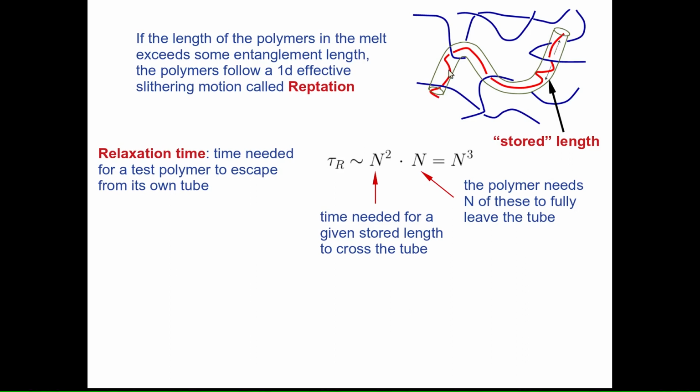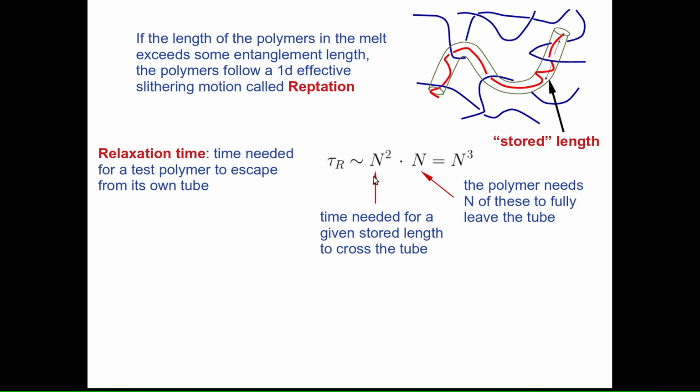Until the polymer is inside the tube, its conformation will always have this characteristic S shape. It's only when it goes out of the tube and enters a new tube somewhere else that the conformation in this new tube will be uncorrelated with respect to this one.